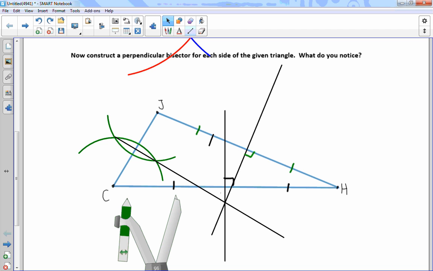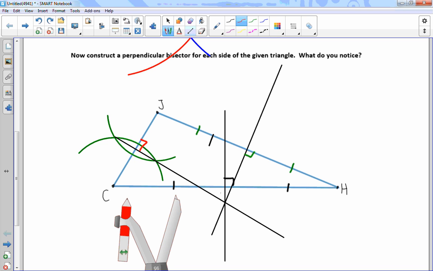Okay, so you got that one, and that one you need to do with this one. So you can arc here, and arc here. And everything with precision, what happened on the perpendicular bisectors? They all intersect each other at the same point, don't they?